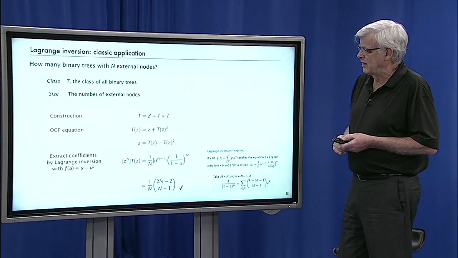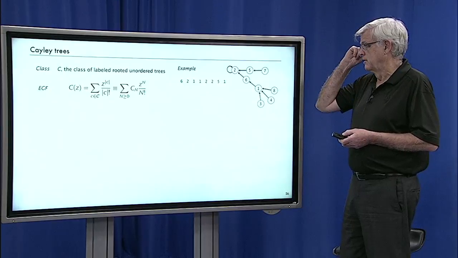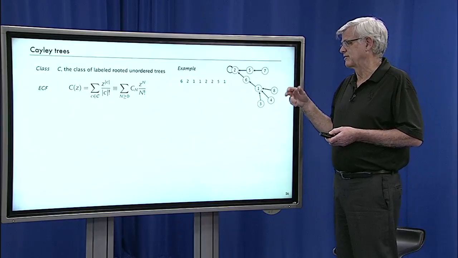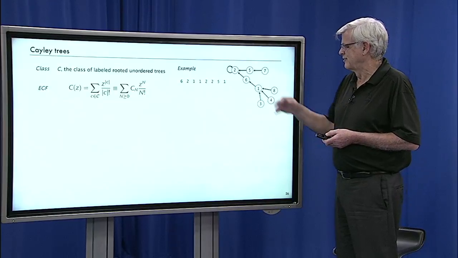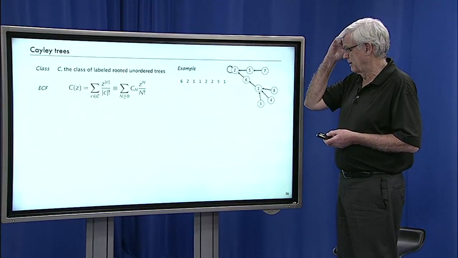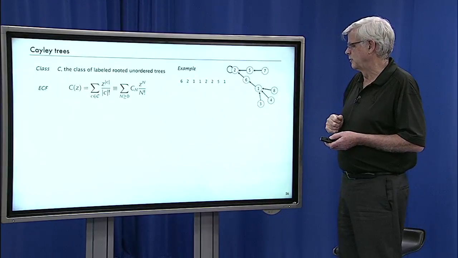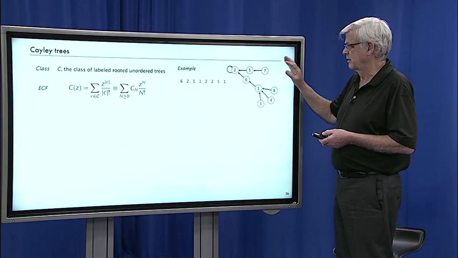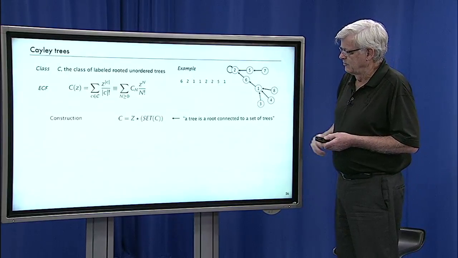So now let's look at Cayley trees. What we want is the class of labeled, rooted, unordered trees. So just one root, and it's labeled. We don't care about the order.